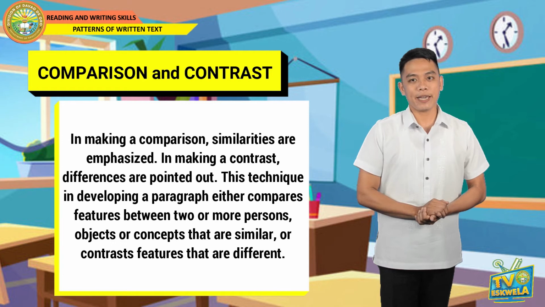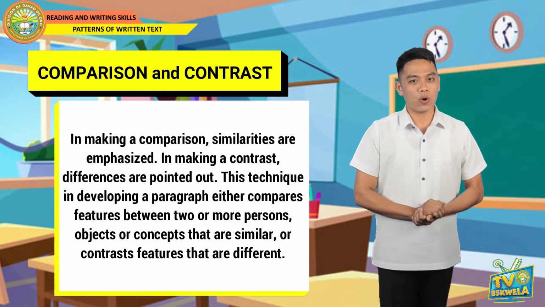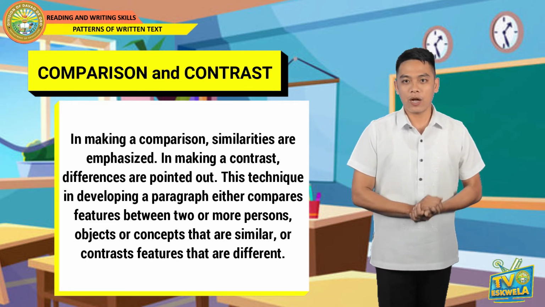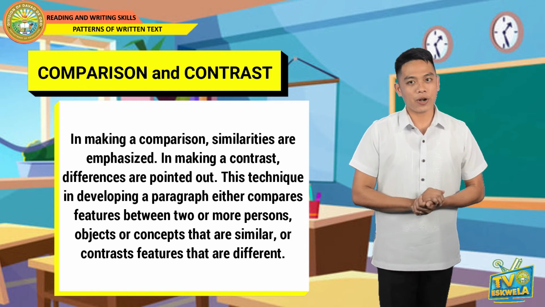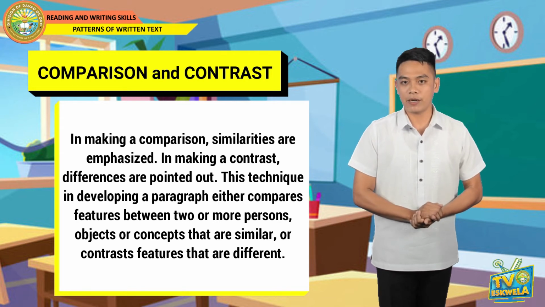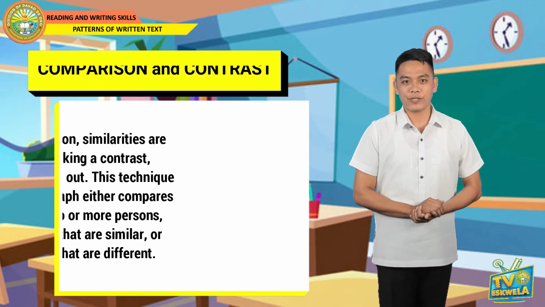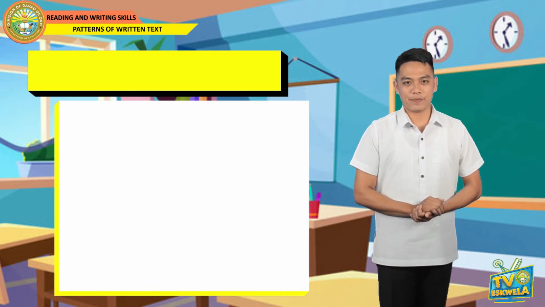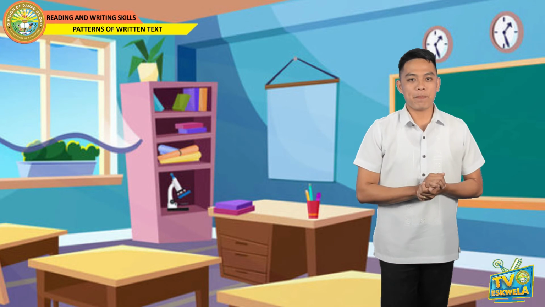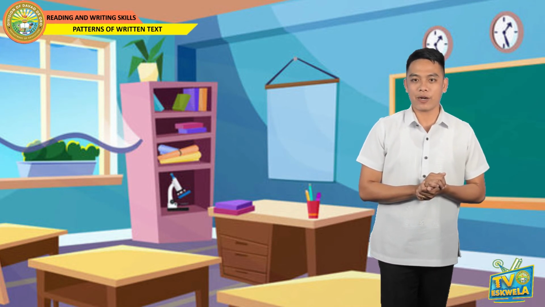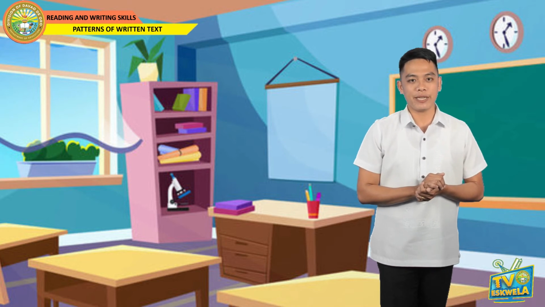This technique in developing a paragraph either compares features between two or more persons, objects, or concepts that are similar, or contrasts features that are different. A paragraph can be developed by using comparison and contrast or by using either one.